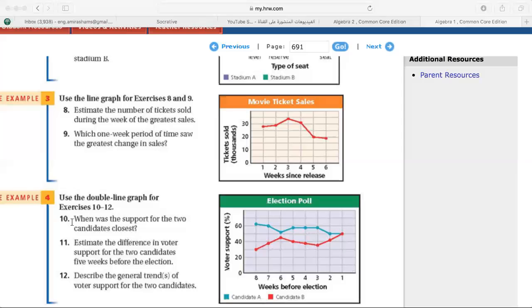So number 10, question 10. When was the support for the two candidates closest? Which one? When they are so close to each other. In which week are they so close to each other?